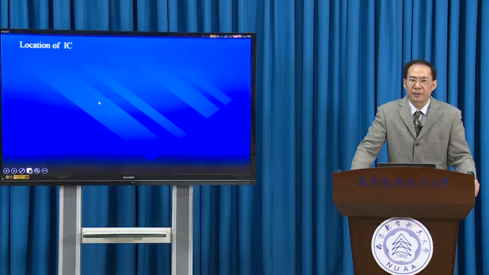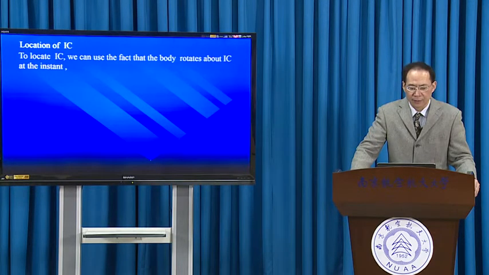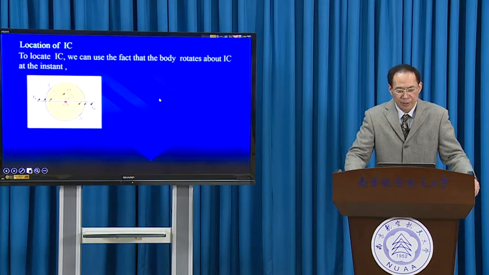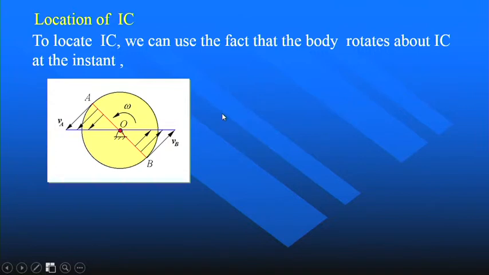First, let's discuss how to locate an IC. To locate the IC, we can use the fact that the body rotates about the IC at the instant. So compare with the rotation about a fixed axis.